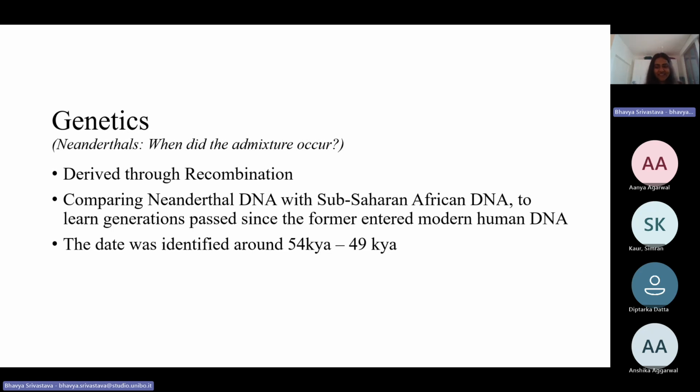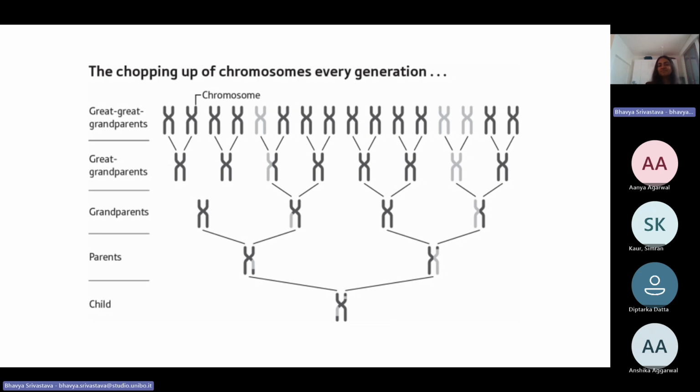What is recombination? How does genetics work? The very basic function: you get genes from your great grandparents, and then your grandparents, parents, child, and you will be transferring them to your own offspring. So that's how genetics works. Think about a very long temporal span, let's say 39,000, 40,000, 50,000 years ago.